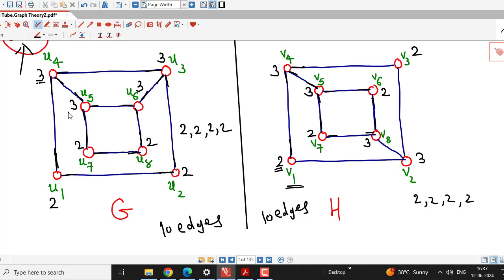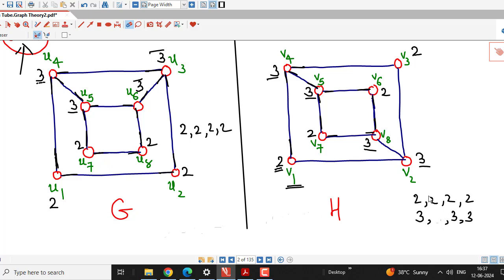Similarly the number of vertices with degree 3 are also 4 in G, and in H also we can see there are 4 vertices of degree 3. So that criterion is also checked for degrees of vertices in both the graphs.